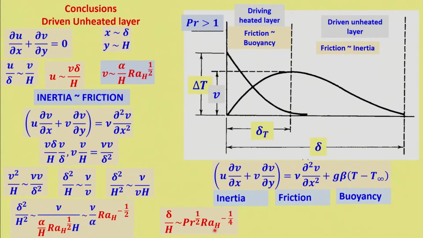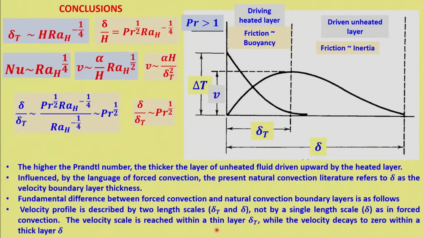So delta is of the order of Prandtl to the power of half and Rayleigh to the power of minus 1 by 4. Now if you take delta by delta t, it is of the order of Prandtl to the power of half. So we have found all the scales of delta t, delta, Nusselt number, v, and appreciated the fact that delta is greater than delta t.